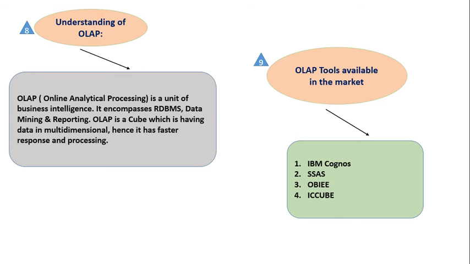I mean, it has faster response and processing. Multiple tools are available in the market as OLAP tools: IBM Cognos, SSAS, OBIEE, IceCube. So these are the tools available. We use these tools to improve the performance of the data warehouse, because if you want to fetch the data within minutes, we use OLAP tools on the data warehouse.